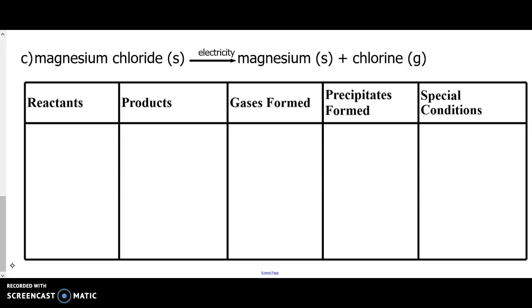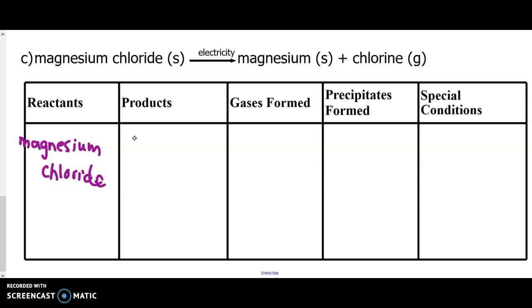The next example, we've got magnesium chloride, which is a solid. We're going to add some electricity to it, and it's going to form magnesium, which is a solid, and chlorine gas. So in this case, the reactant, there's only one, is magnesium chloride.